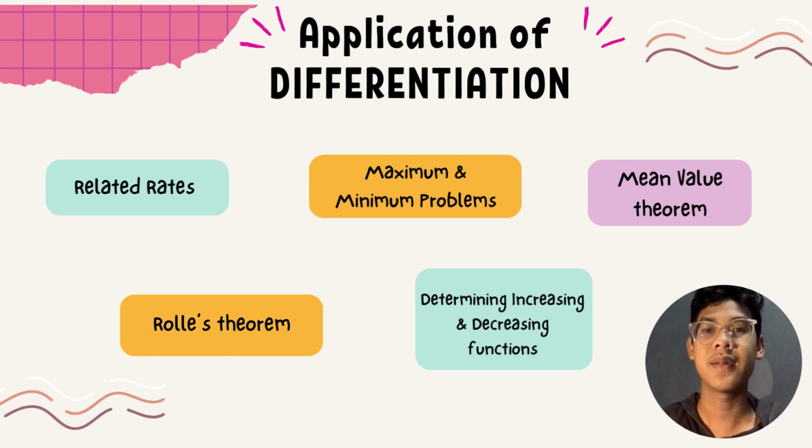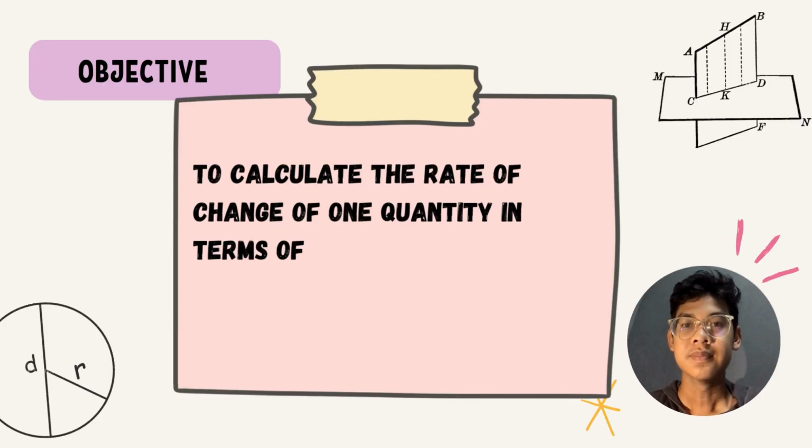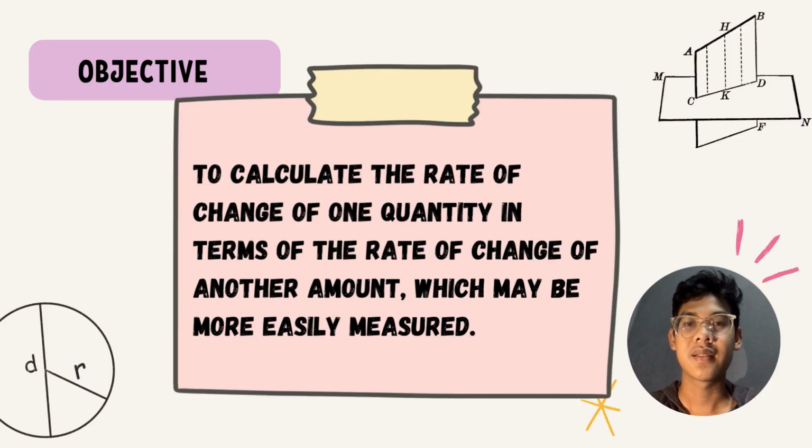Third, maximum and minimum problem. Fourth, determining increasing and decreasing function. Fifth, mean value theorem. The objective of related rates is to calculate the rate of change of one quantity in terms of the rate of change of another quantity, which may be more easily measured.